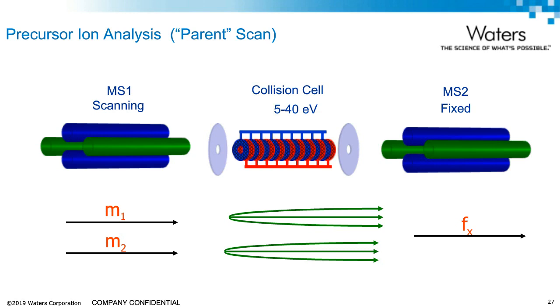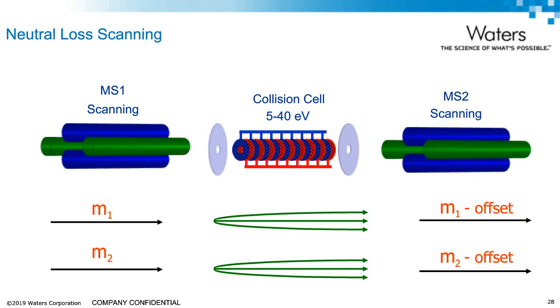Now, neutral loss analysis, shown here, is useful in determining which compounds have a similar fragmentation pattern. Most MS detectors require species to be charged in order to be detected. So if an uncharged fragment of a molecule hits the detector, it will not be observed.